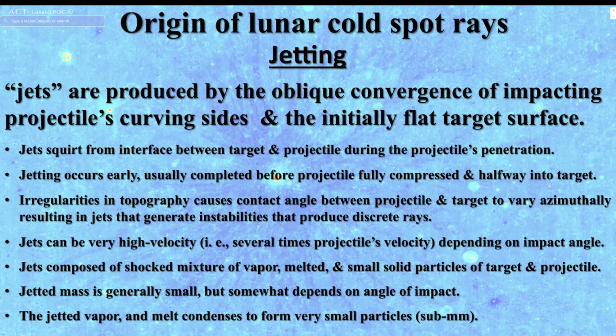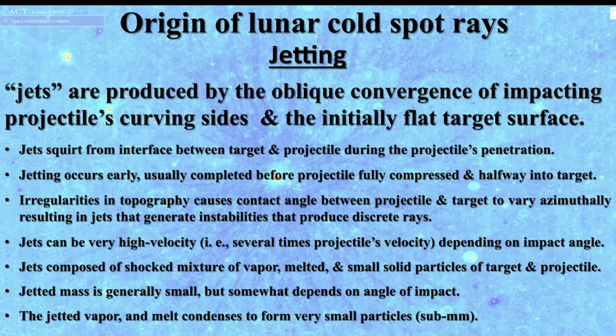And here is where we get to the model. Irregularities in the topography cause the contact angle between the projectile and the target to vary azimuthally, resulting in jets that generate instabilities that produce discrete rays. So yeah, sure, that's how you get a variation.